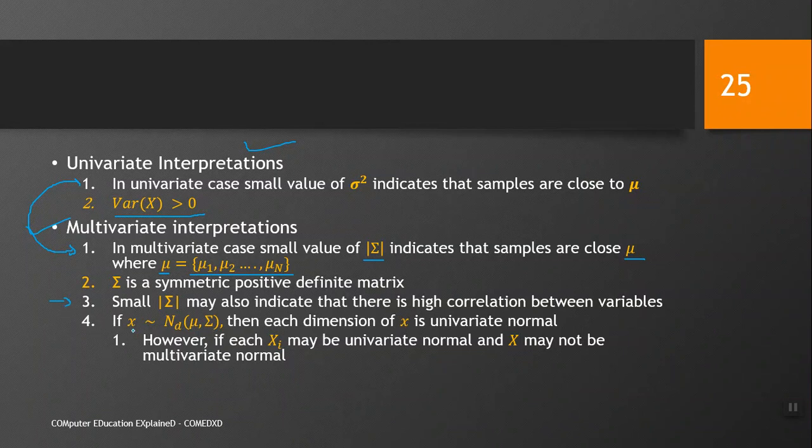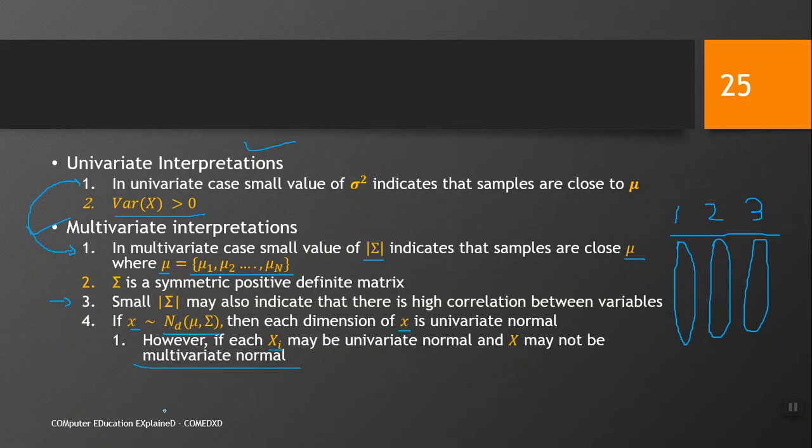If x belongs to a normally distributed data set of d dimensions, then each dimension of x is univariate normal. This is very interesting: if we have feature 1, feature 2, and feature 3 in our data set, each feature is itself univariate normal. However, even if each xi, each feature, is univariate normal, x may not be multivariate normal.